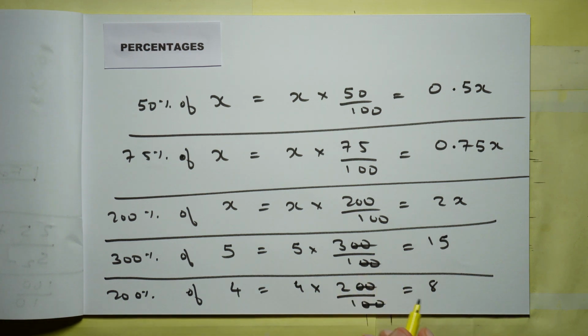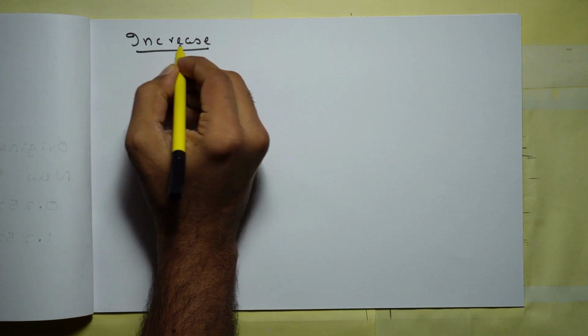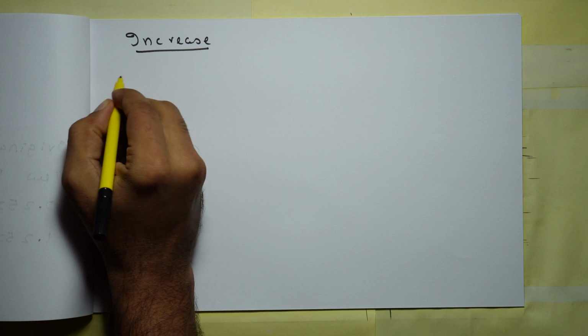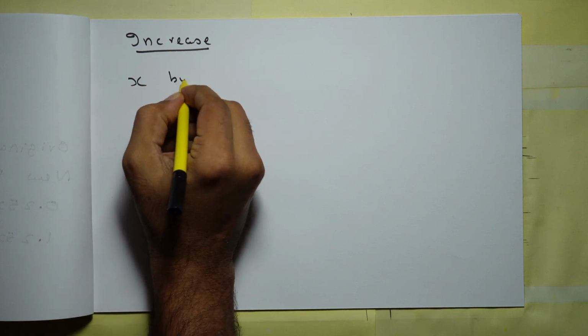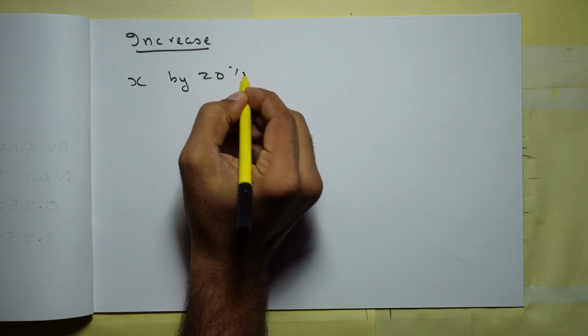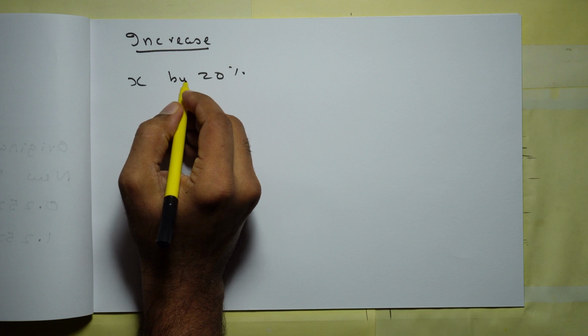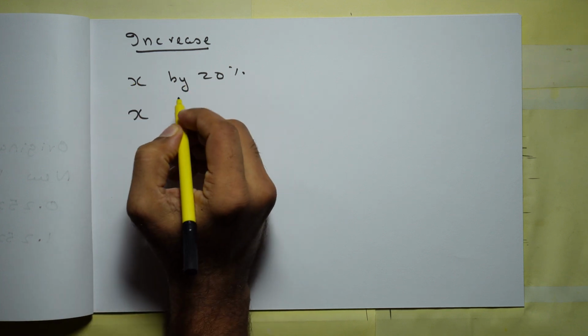Next, let us see how to increase a particular value by a certain percentage. For example, you have a value x. Now you want to increase x by, let us say, 20%. Now there are two ways of doing this. Now one way of doing it is you have this value x, you need to increase it by 20%.